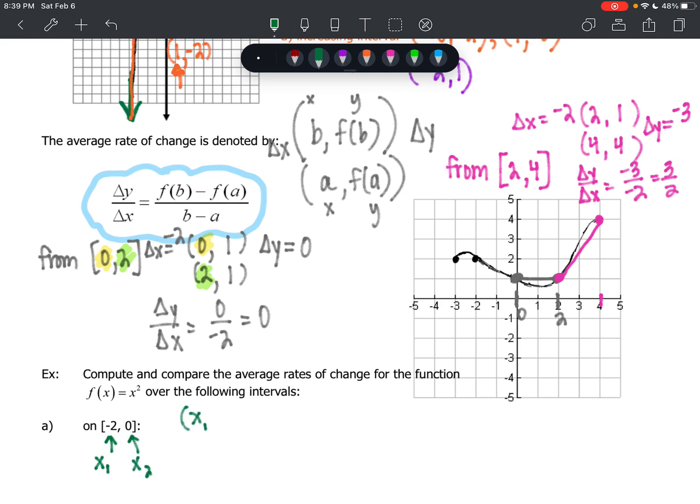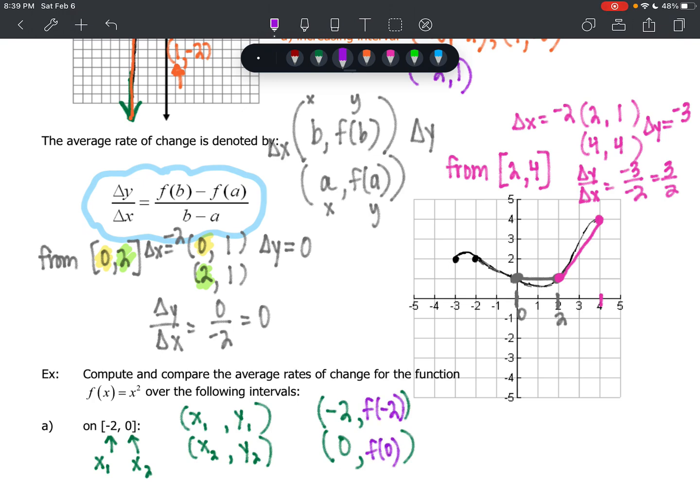So we're going to want an x1 and a y1, and an x2 and a y2. So x1 is going to be negative 2, x2 is going to be 0. So there are my ordered pairs with my x's in them. How do I find the y values? Well, f of negative 2, f of 0.